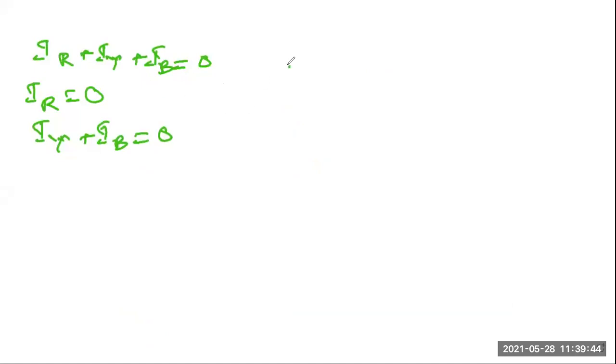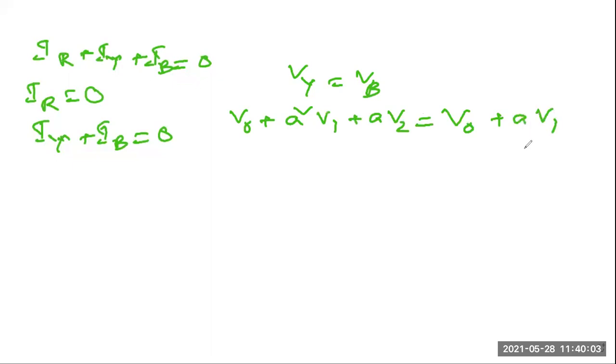Vy equal to Vb means we can write V0 plus a square into V1 plus a into V2, equal to V0 plus a into V1 plus a square into V2. Yes or no? This expression, can you understand? Vy and Vb are expressed in terms of sequence voltages. From here to here, it is clear?